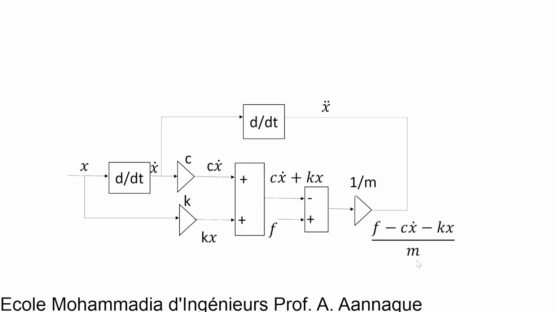This expression actually is the acceleration. At the same time, the acceleration could be obtained from x dot by differentiating with respect to time. So this output should equal the output from the differentiator here.